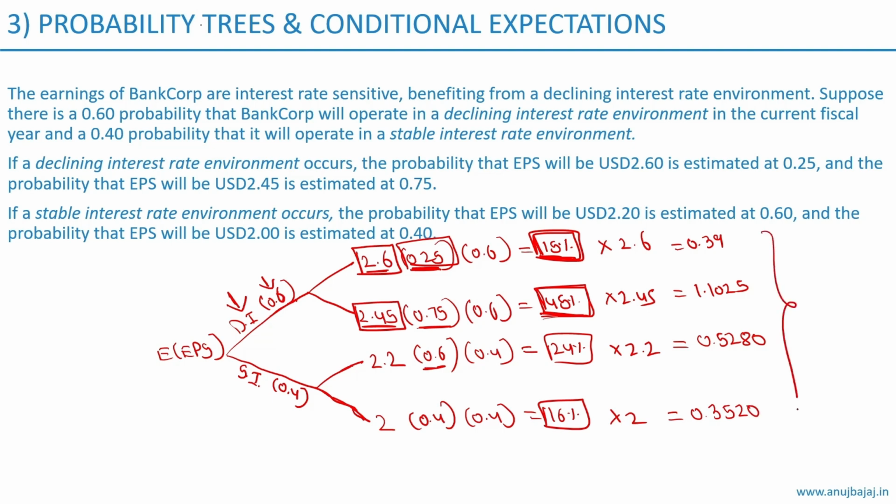If we add all of them, we get the expected earnings per share to be $2.34. So the answer using both the methods is the same. But I feel this method is simpler. So on your exam, if you get such a question, you can use this method. This is less time consuming.